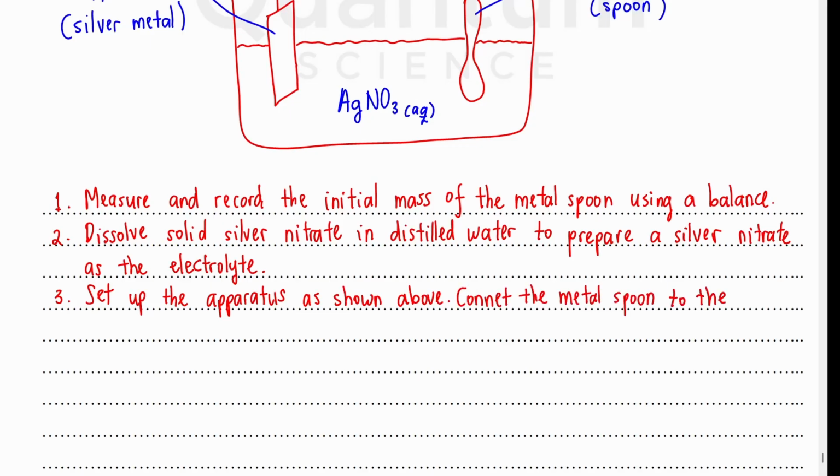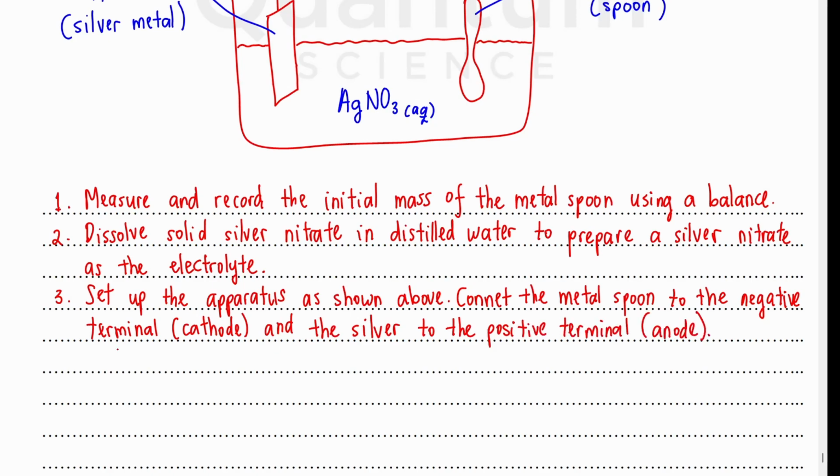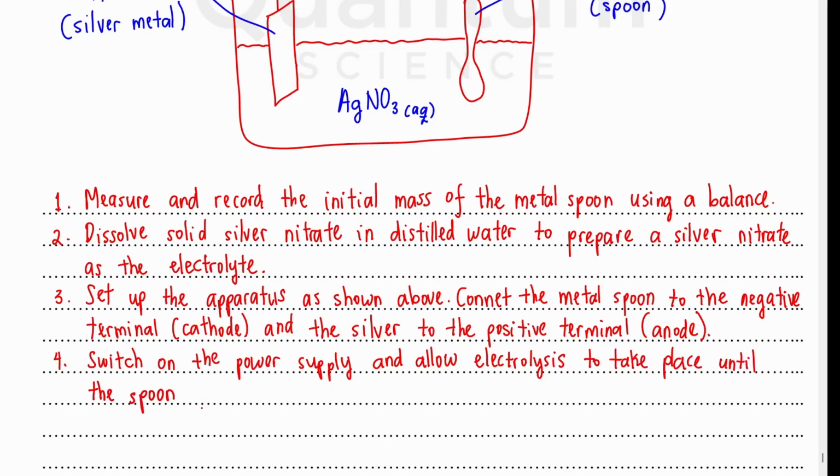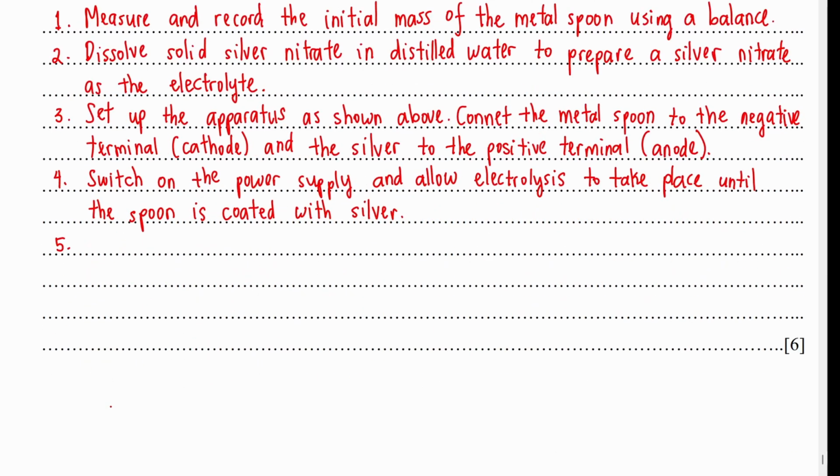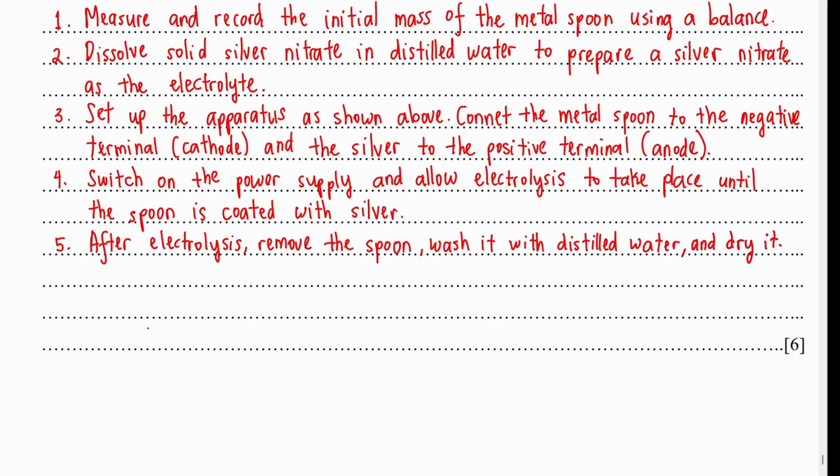Connect the metal spoon to the negative terminal or cathode and the silver to the positive terminal or anode. Next, switch on the power supply and allow electrolysis to take place until the spoon is coated with silver. Next step, after electrolysis, remove the spoon, wash it with distilled water, and dry it. And finally, we measure the final mass of the spoon.